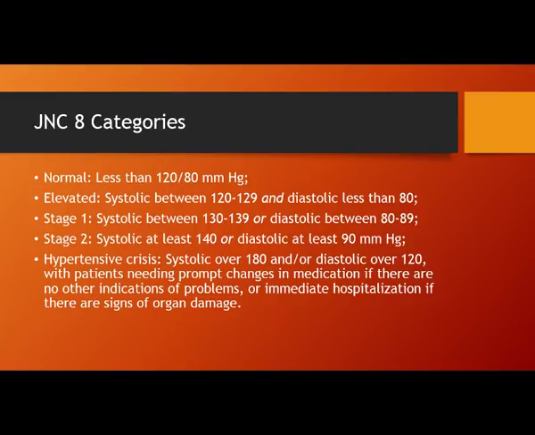If the diastolic is over 80, or if the systolic is 130 to 139, then that's stage 1 hypertension. Stage 2 is a systolic of 140, or a diastolic of at least 90. And then a hypertensive crisis would be a systolic over 180 or diastolic over 120.